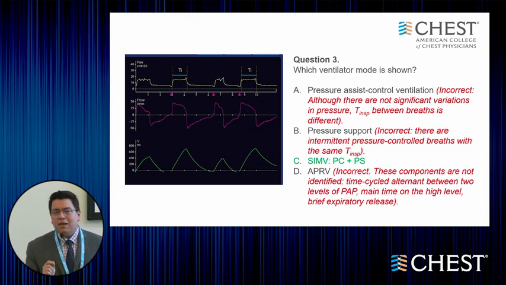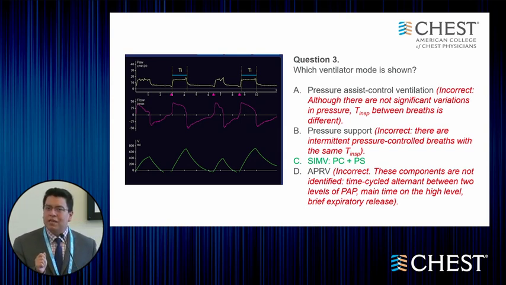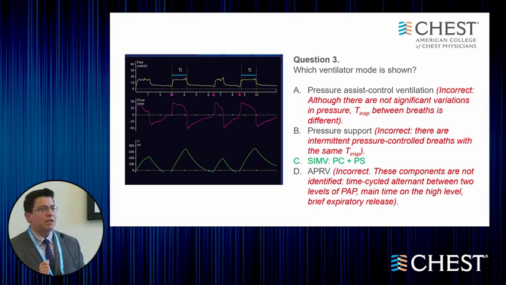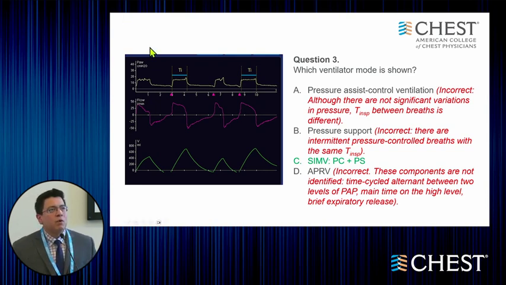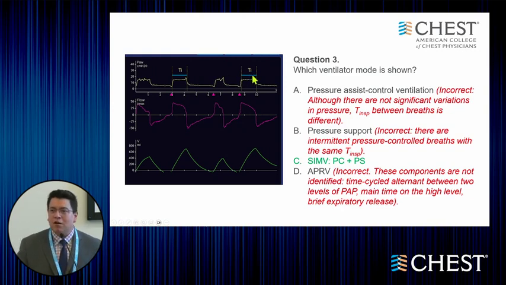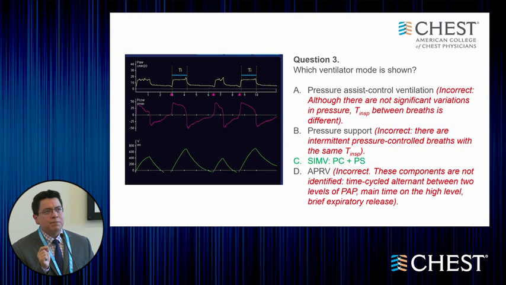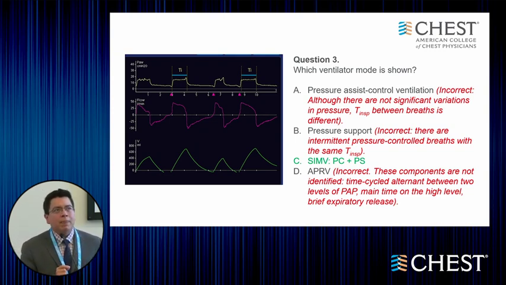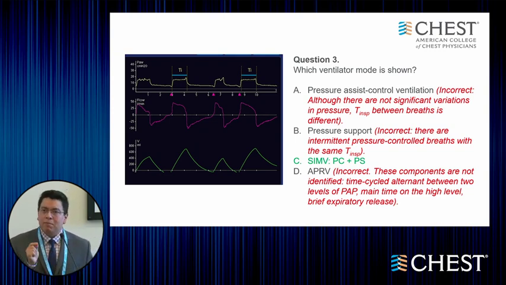Why do we say those mandatory breaths are delivered using pressure control ventilation? Well, the reason is, if we pay attention, the inspiratory times of those breaths are exactly the same. We see a slight variation, perhaps difficult to detect with your eye right now, in the tidal volume, but the SIMV-VC option is not in the answer.